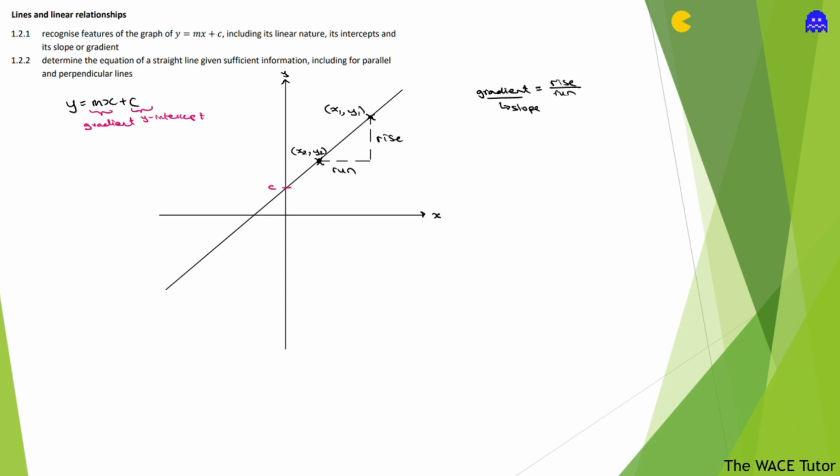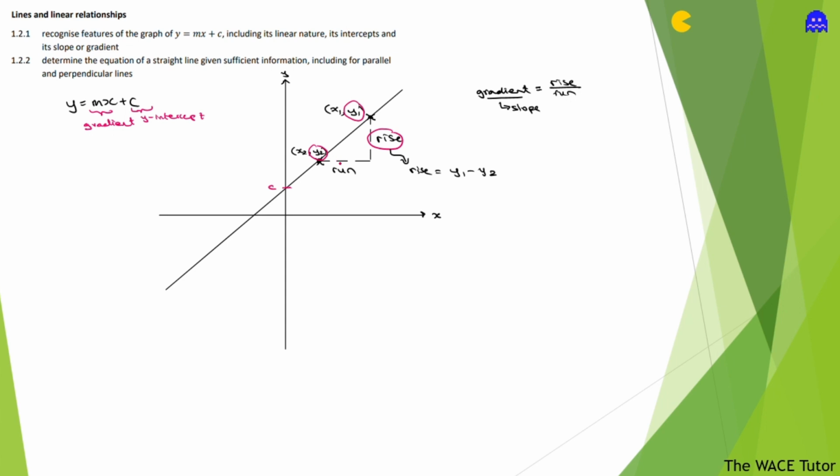The rise here can be written as the difference of 2 coordinates. More specifically, it can be written in this case as the difference of y1 and y2. The rise is the difference in the y coordinates. Rise equals y1 take y2.